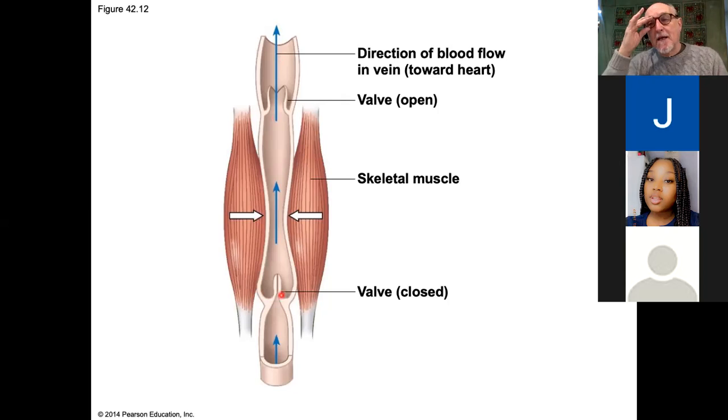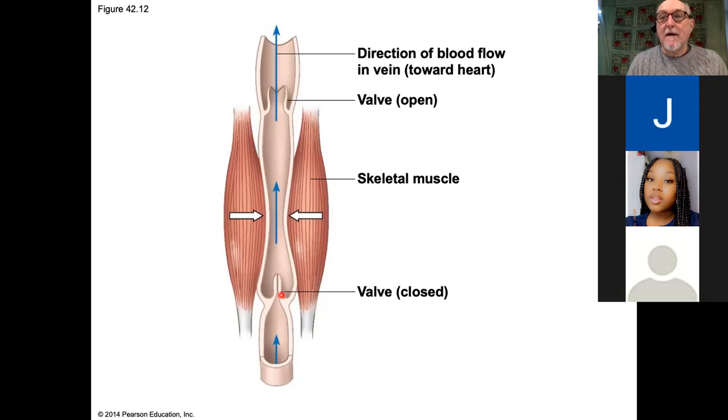The second instance is just from the action of breathing. As we breathe in and out, we exert pressure on all of the veins, especially in the thorax, and that drives the blood towards the heart.